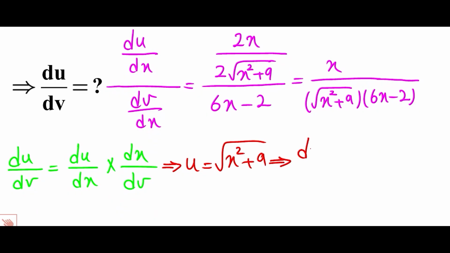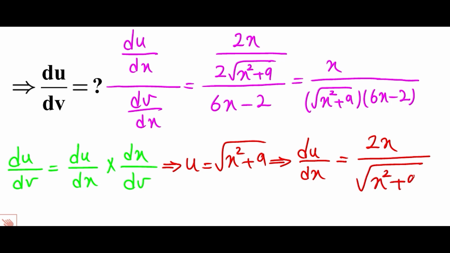The derivative of the square root of f is equal to f prime over 2 times the square root of f, so we get 2x over 2 times the square root of x squared plus 9. Okay, so 2 and 2 cancel, so we have du/dx is equal to x over the square root of x squared plus 9.